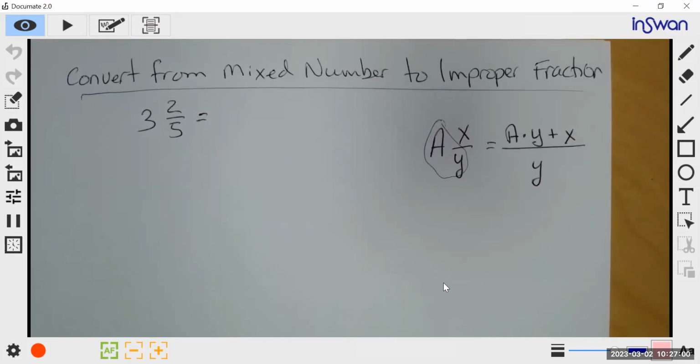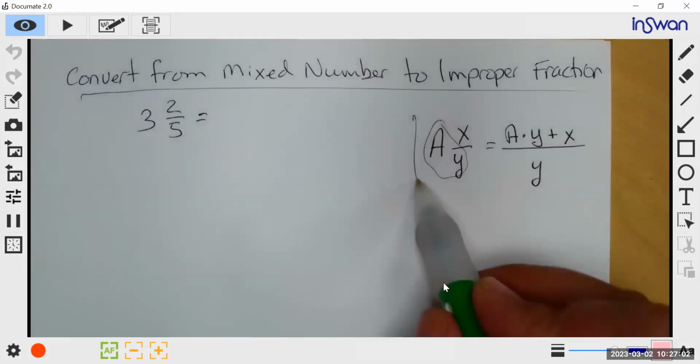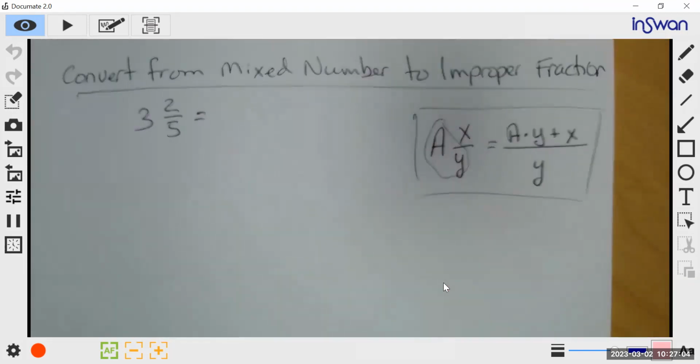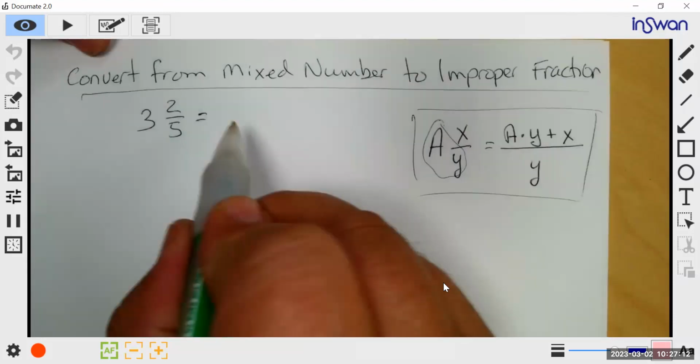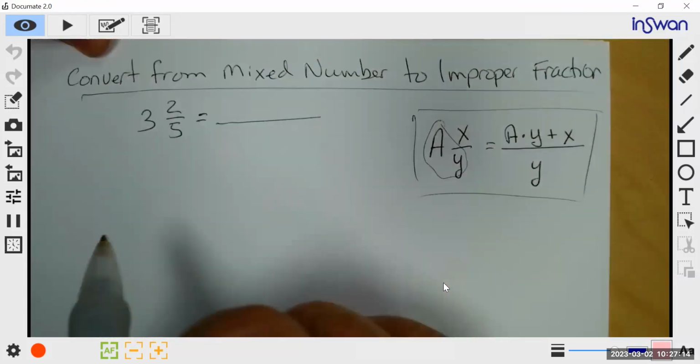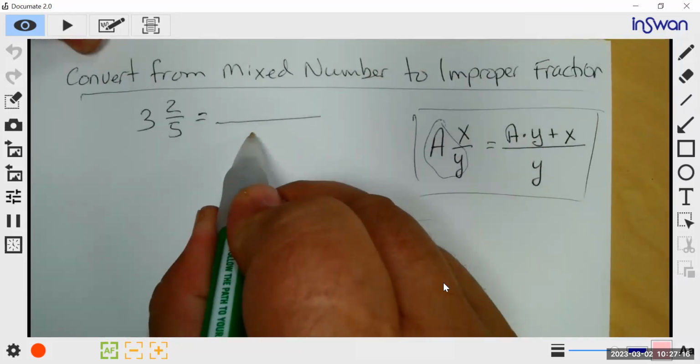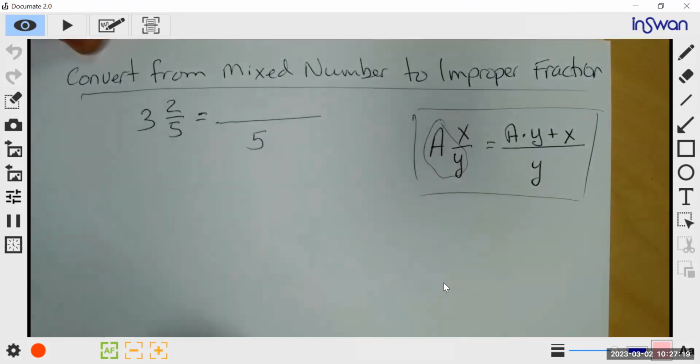That's the formula. Denominator stays the denominator.